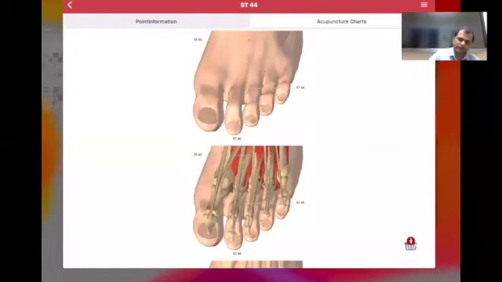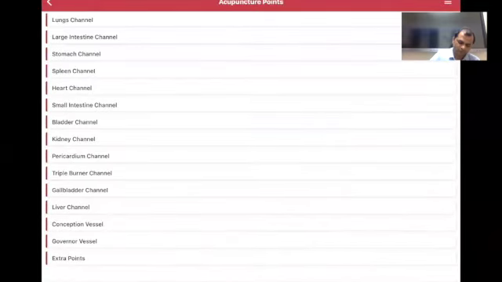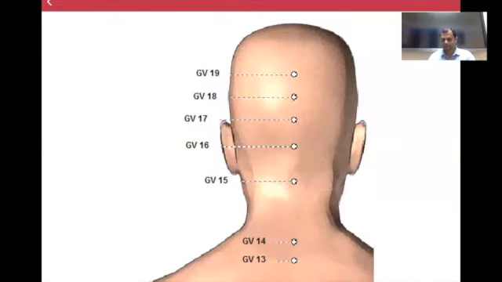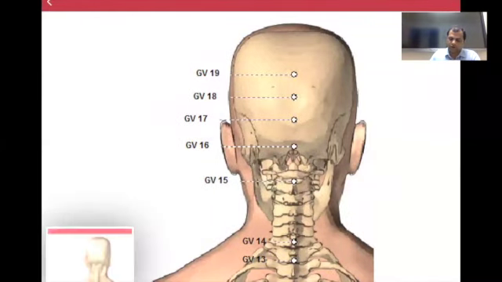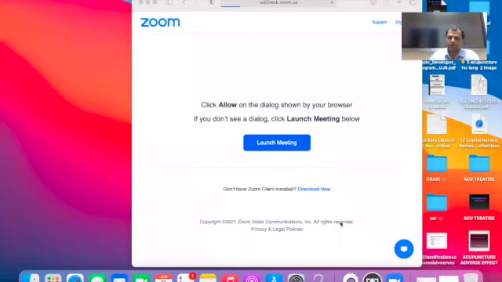So if we go to the spine, we have cervical 8. Now you have to listen to me.